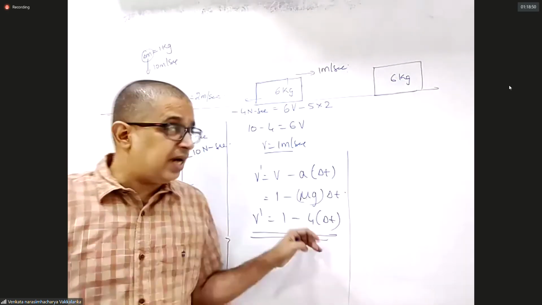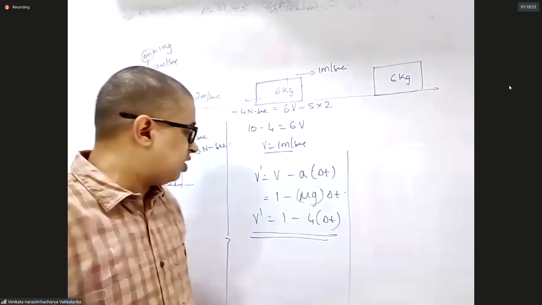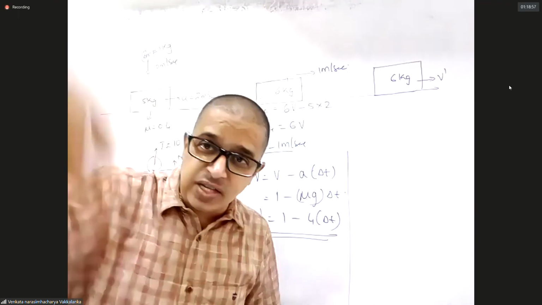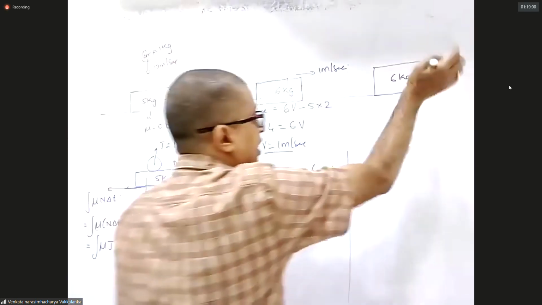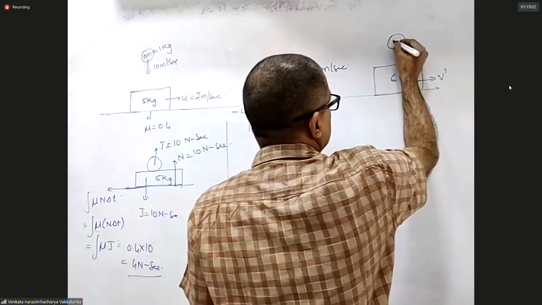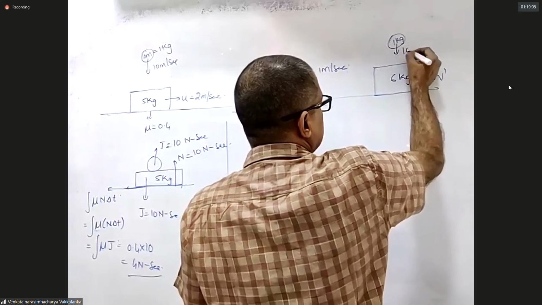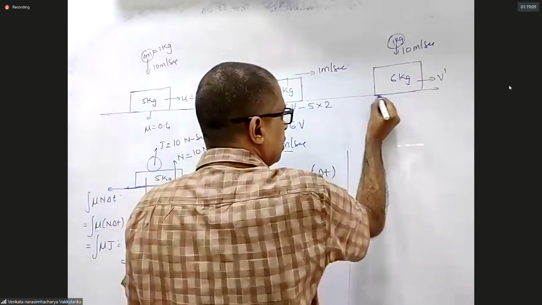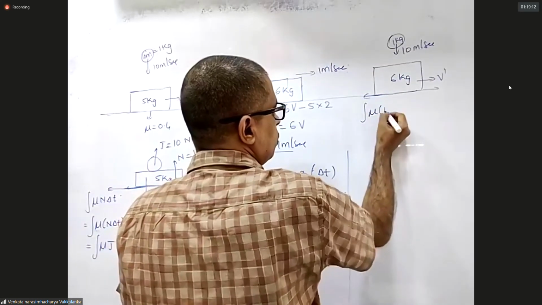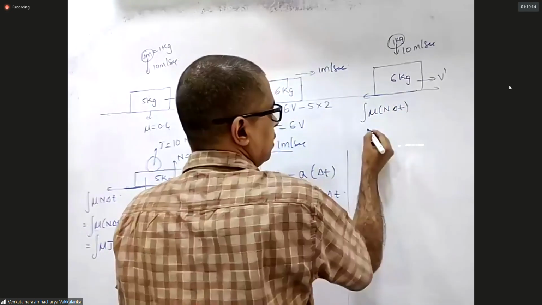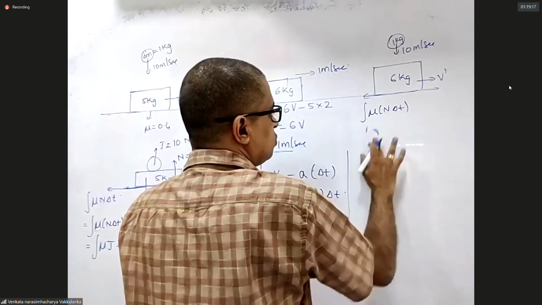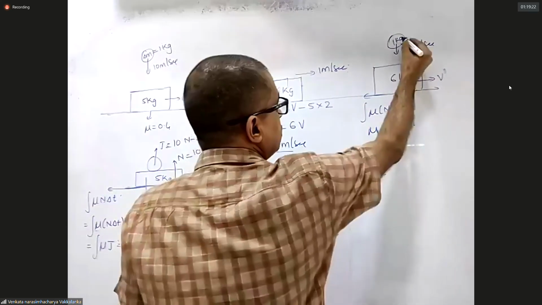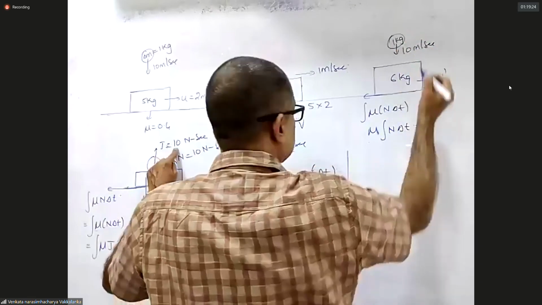After time delta T, because of friction, its velocity comes down to V dash. At this instant, a second time such a body falls and it comes to rest. This is 1 kg falling with 10 meters per second and it comes to rest. Now what is the frictional impulse? Mu integral N delta T, and this impulse I already calculated as 10.